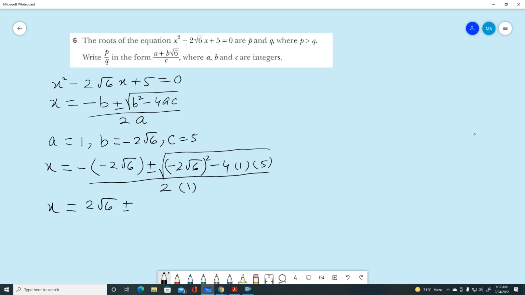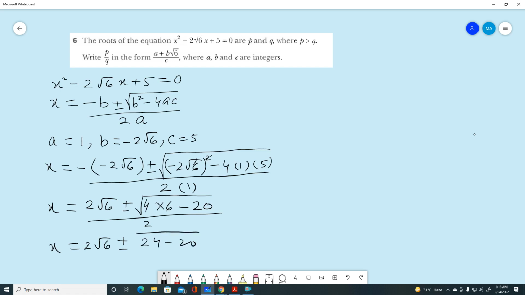You know, the square of a negative number is positive, so 2 square is 4, and square and root cancel, 4 into 6. Minus 4 ones are 4, 4 fives are 20, square root, upon 2 ones are 2. x is equal to 2 root 6 plus minus root of 4 sixes are 24, minus 20, upon 2.